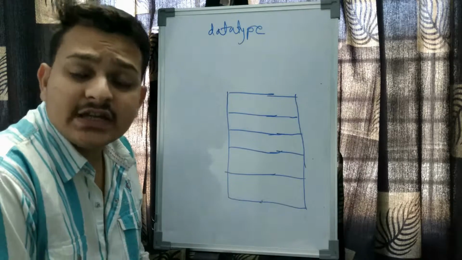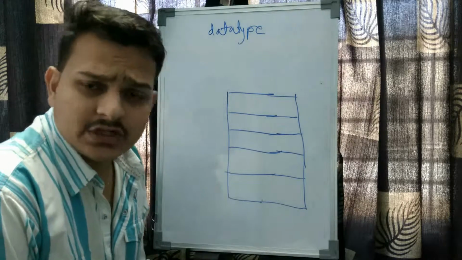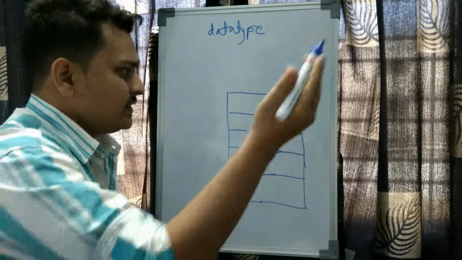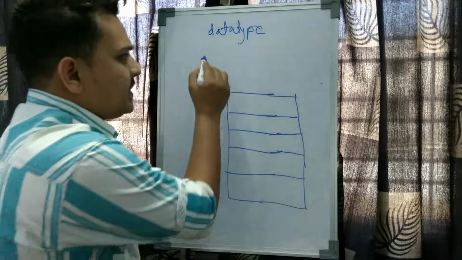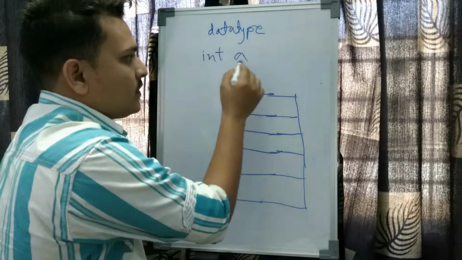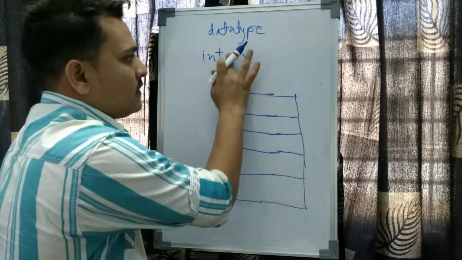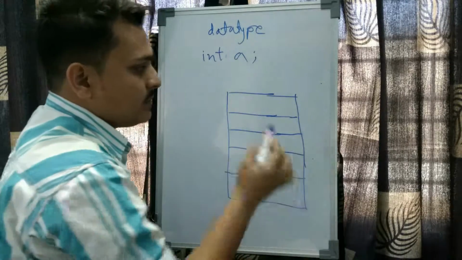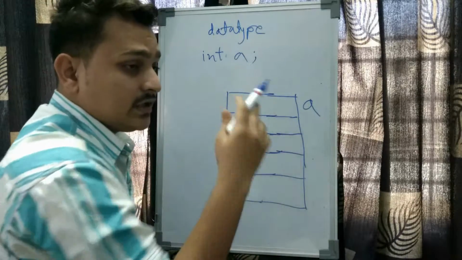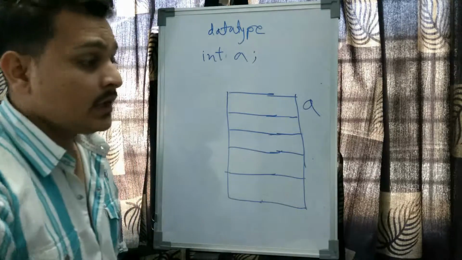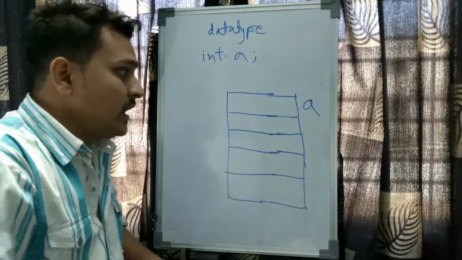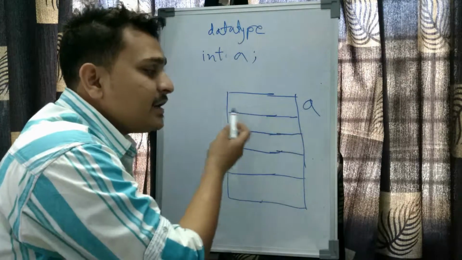Data types. As earlier I gave the example of the cupboard, the same example I'm going to use over here. When we assign a data type, suppose integer a, it assigns a part of the memory and gives it the name a, and as it is the data type integer, every compartment has a size.